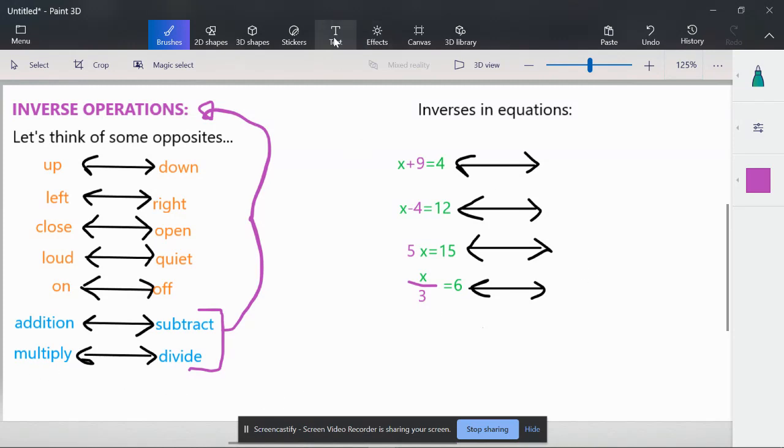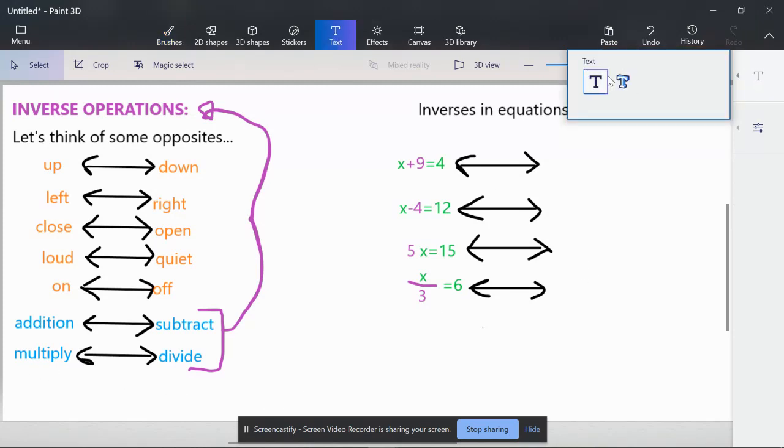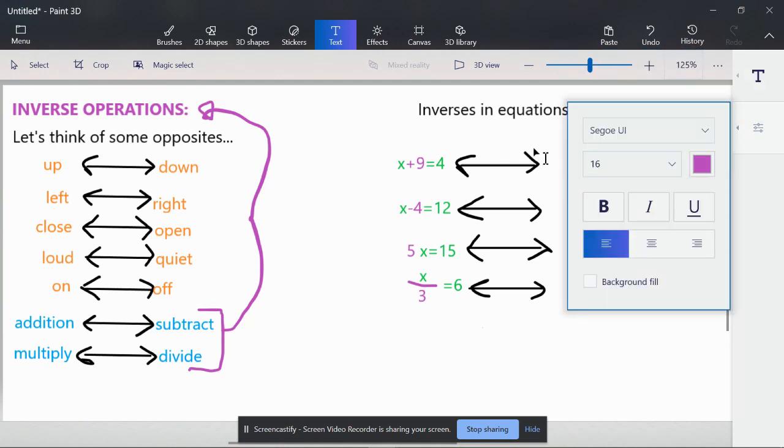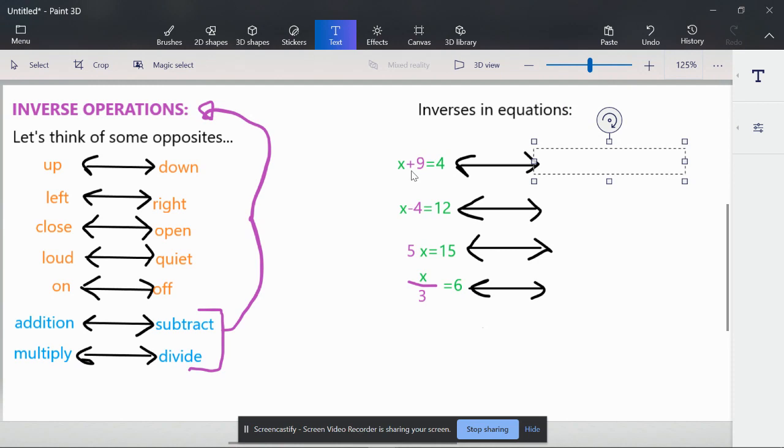So for example, if you had x plus 9 equals 4, the opposite of this plus 9, because plus 9 is what's happening to x, is minus 9 or subtract 9.